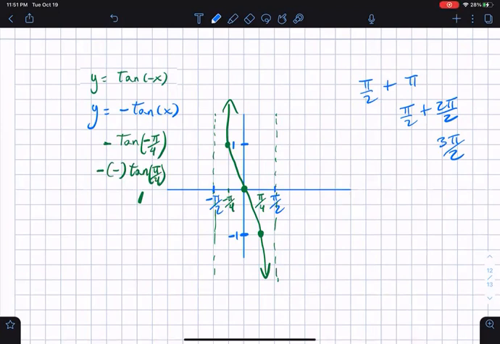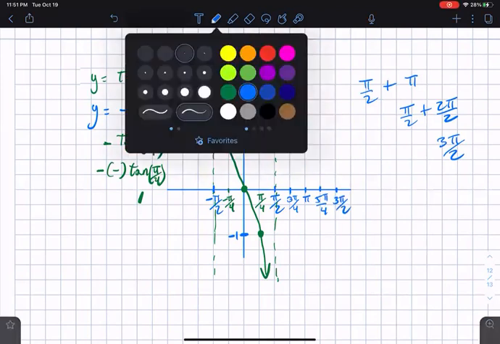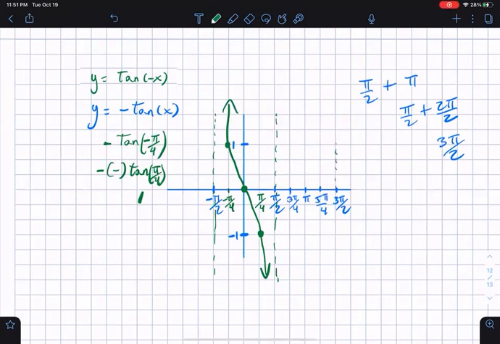So pi over 2, 3 pi over 4, pi, 5 pi over 4, and then 3 pi over 2. That's where the asymptote is located. So that's your second period.